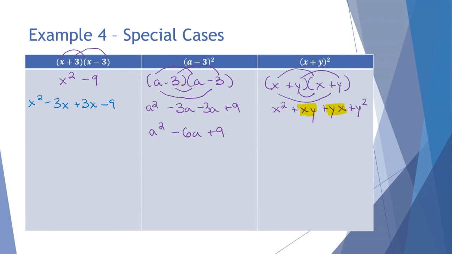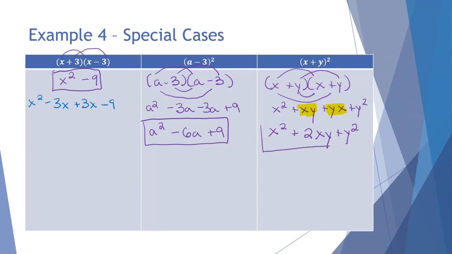They have the same variables, same combination of exponents. They're just written in an opposite order, but they're still like terms. So this gives me x squared plus 2, and then we usually use alphabetical order, so that would be xy, then plus y squared. So you can multiply these out as you would anything else, and that's what I recommend. But for the first case, I recommend recognizing that, getting practice, and seeing how that one's going to multiply out.